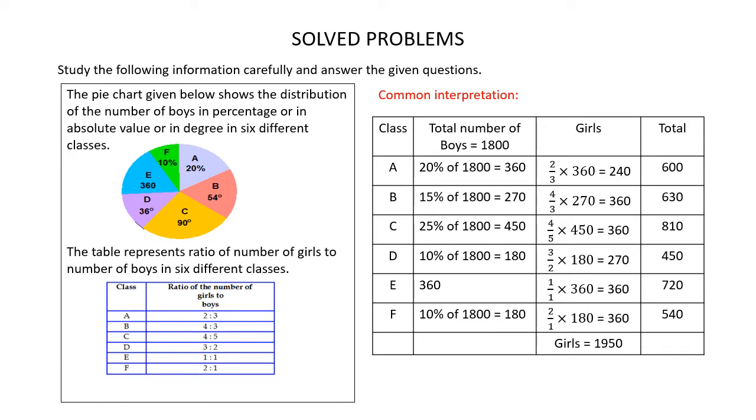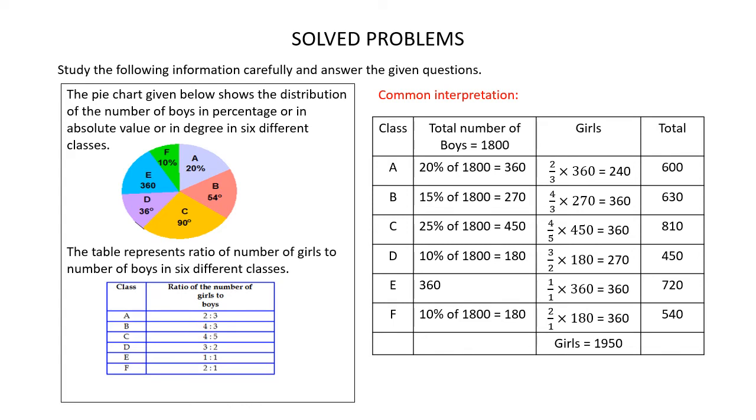It's given in the table that the ratio of the number of girls to boys in class B is 4 is to 3. That is, for every 3 boys in class B, there are 4 girls.